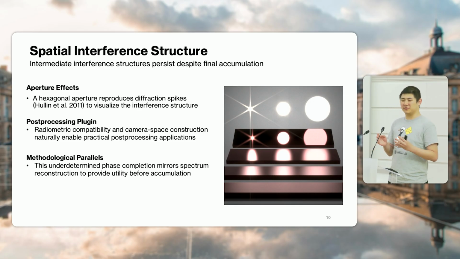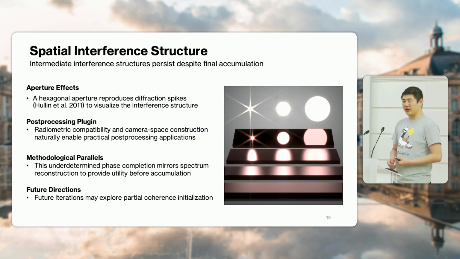We do some useful operations in the high-dimensional space, and then we project back to the observable result. Looking ahead, one natural step is that we want to support not only incoherent-like initialization, we also want to support partially coherent initialization.